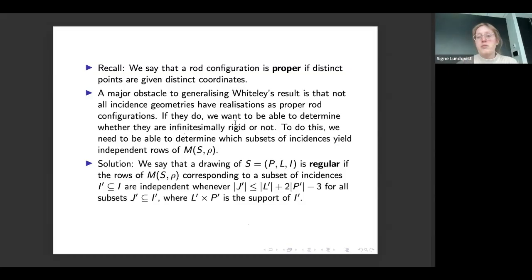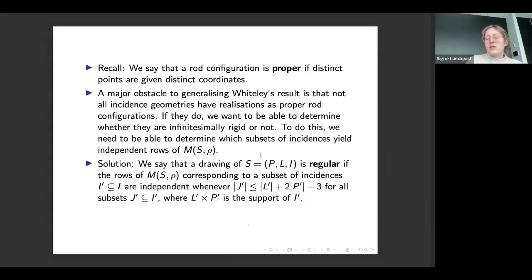But then we want to be able to determine whether or not they're infinitesimally rigid. And to do that, we wanted to use the parallel redrawings matrix, M as raw. We wanted to be able to determine which subsets of instances yield independent rows in this matrix.